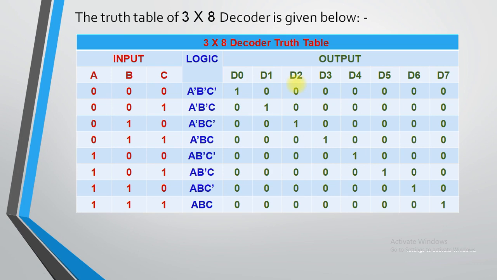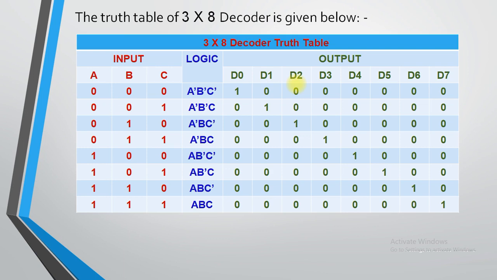Now I am going to share the logic diagram of the 3 by 8 decoder. It is a bit complex, but it is easy to understand. If you understand the 2 by 4 decoder properly, then you can easily draw the logic diagram of the 3 by 8 decoder.